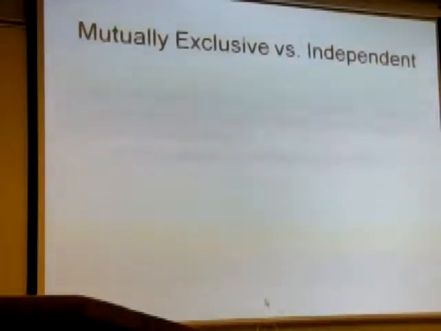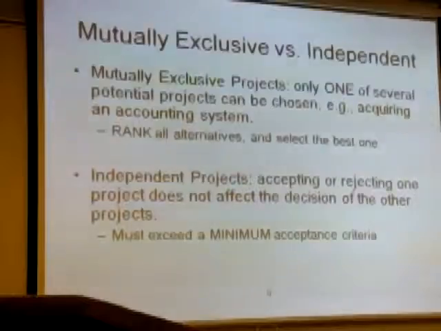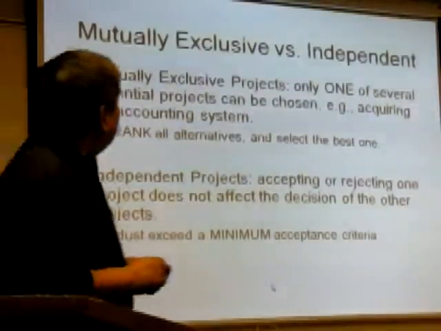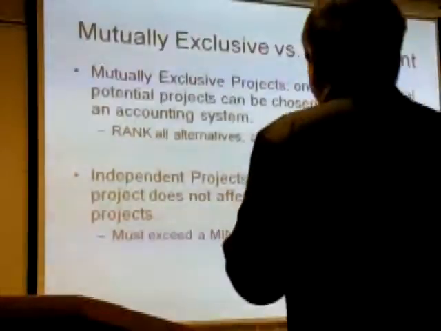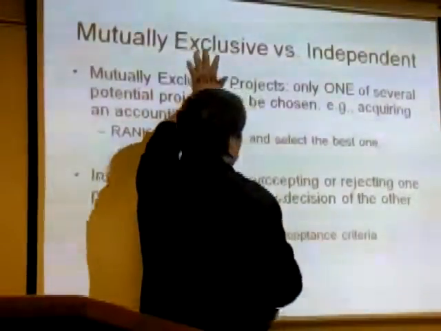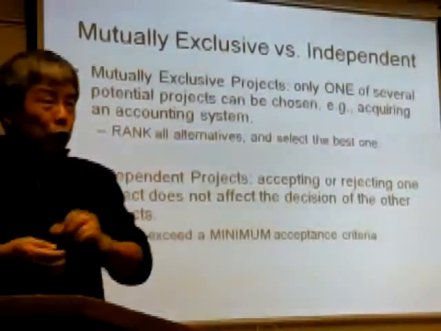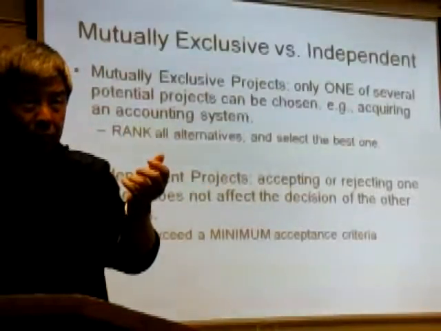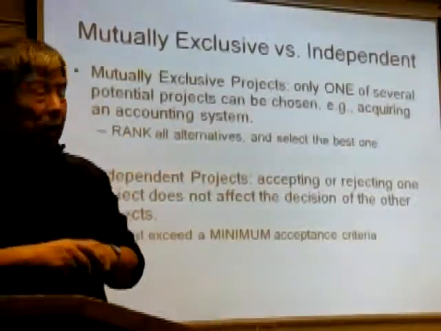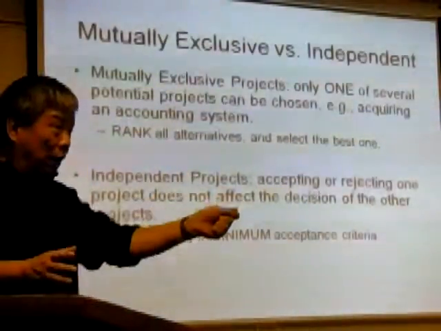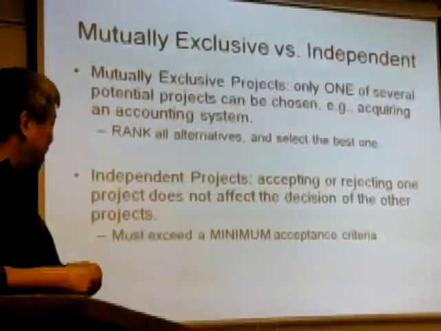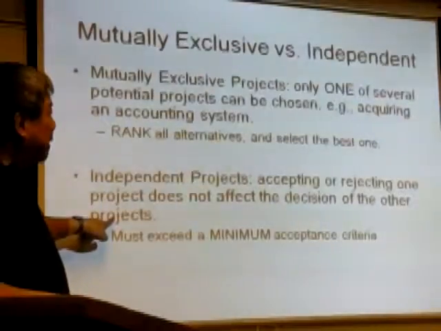First one, multiple projects. Sometimes projects are what we call mutually exclusive. That means you can choose one, not the other. Or sometimes projects are independent, so it doesn't matter; choosing one, you can add the other one too.